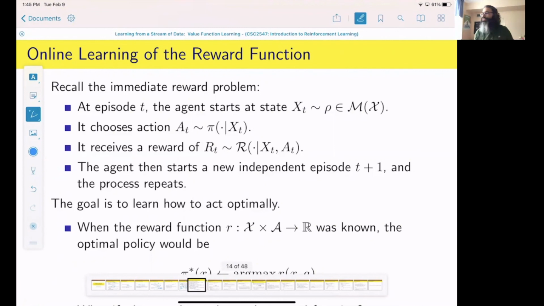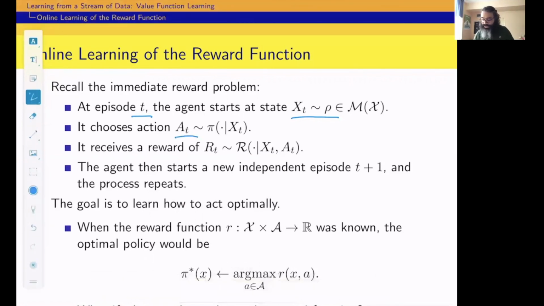So the setting, just as a reminder, was like this. At episode t, the agent starts at some random state x_t coming from some distribution, chooses action a_t, and then it receives a reward r_t, which depends on x_t and the selected action a_t.